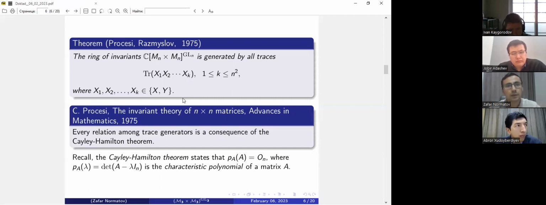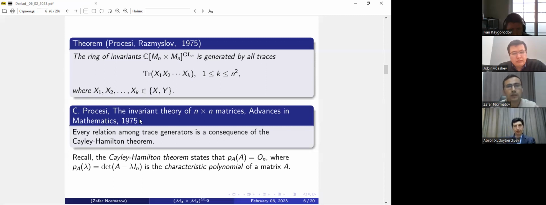And also, every relation among the trace generators is a consequence of the Cayley-Hamilton theorem. Recall that the Cayley-Hamilton theorem states that every matrix over a commutative ring satisfies its own characteristic polynomial.